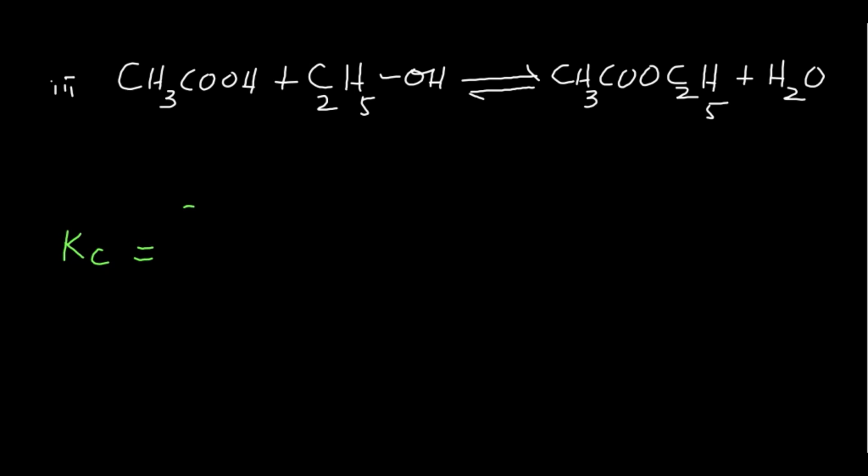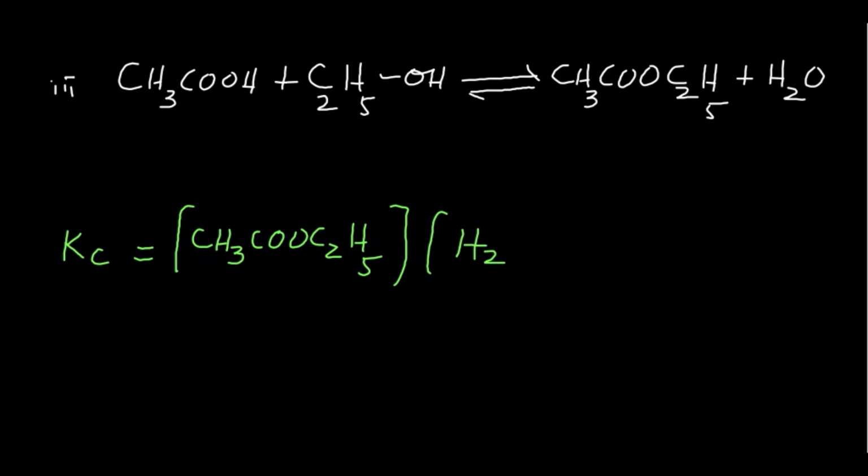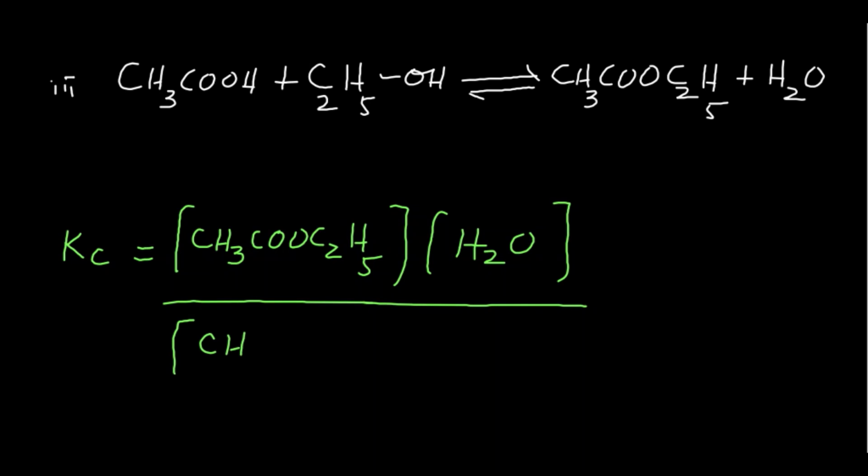So Kc will be equal to, we write here, molar concentration of ethyl acetate CH3COOC2H5, right students, into water H2O, over molar concentration of acetic acid CH3COOH into ethanol C2H5OH, right students?